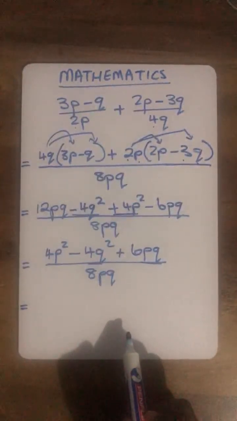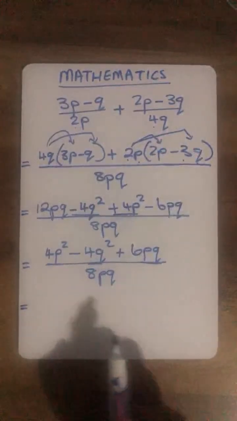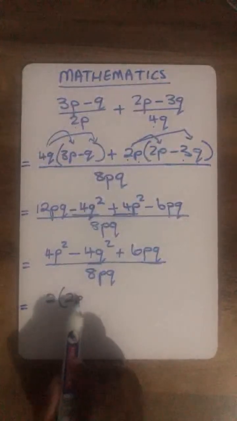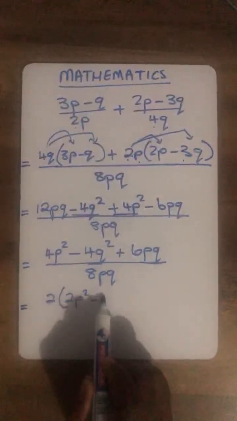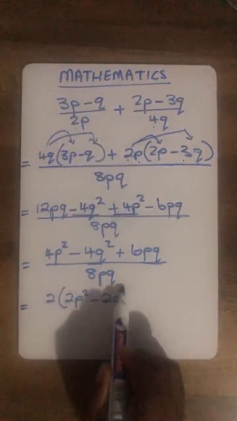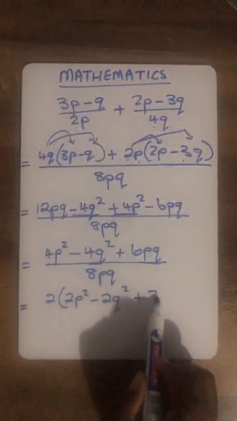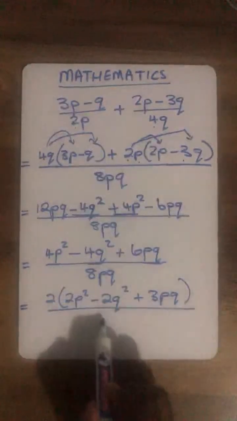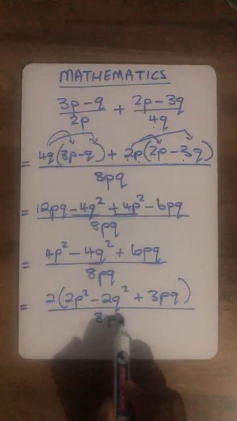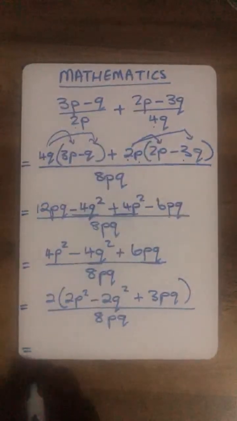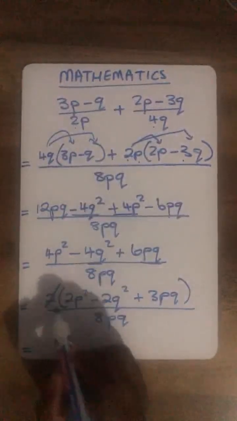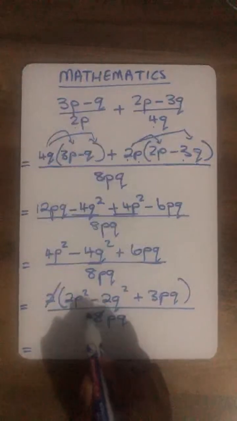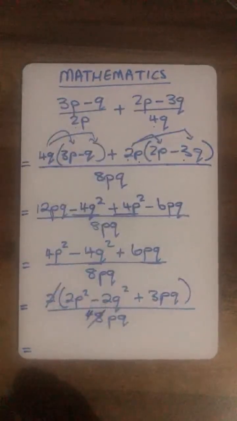I think we can take out 2. What if we say 2 into 2p squared minus 2q squared plus 3pq, whole of that, and then you have 8pq, whereby that will therefore cancel with that 8, and then that 8 you will have 4 there.